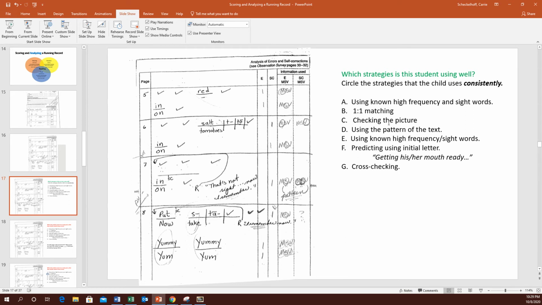Do they seem to check pictures? Do they seem to use the pattern in the text? Are they paying attention to the first letter in words consistently? Do we see some good evidence of cross-checking? So stop the video, think a bit about which of these you would say this student is doing.